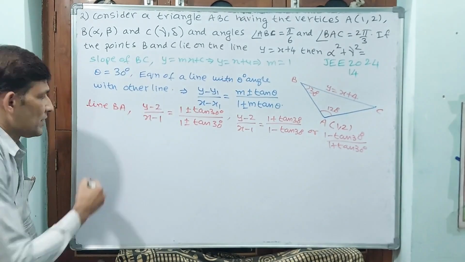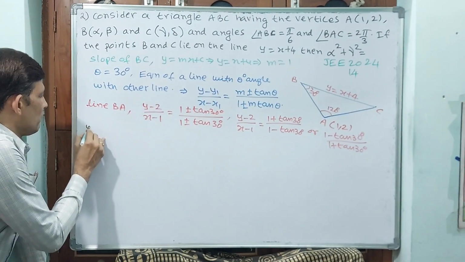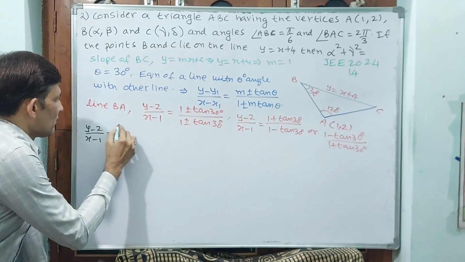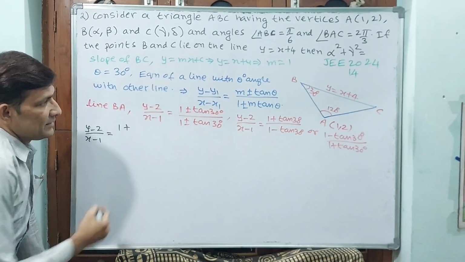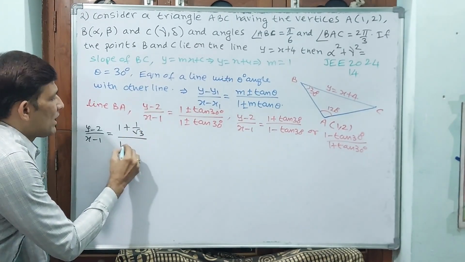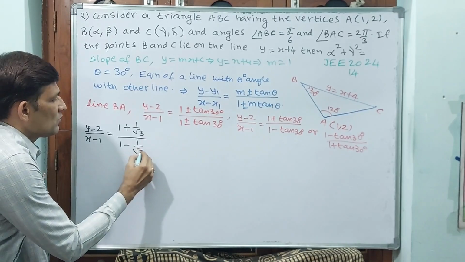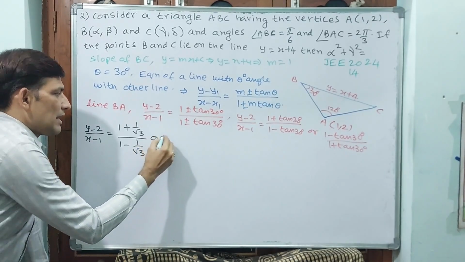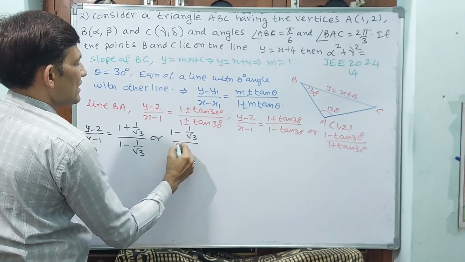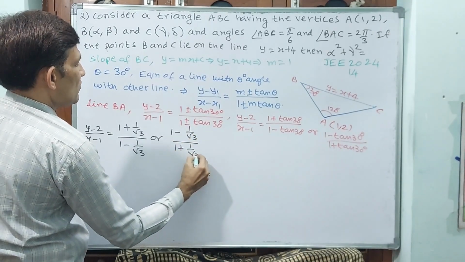Okay, now see. Right now, first case I am taking: (y minus 2) by (x minus 1) is equal to (1 plus 1 by root 3) by (1 minus 1 by root 3), or (1 minus 1 by root 3) by (1 plus 1 by root 3).